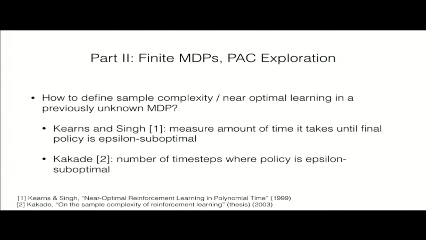A formulation by Kakade is that you look at how many time steps the policy takes an epsilon suboptimal action. The policy starts off taking random actions which are suboptimal everywhere, but over time it gets more and more optimal, and the hope is that after a finite amount of time, the policy only makes a finite number of mistakes.